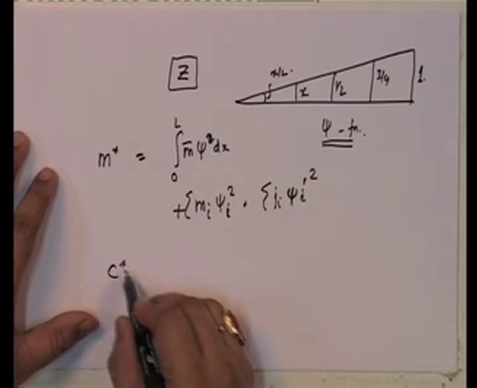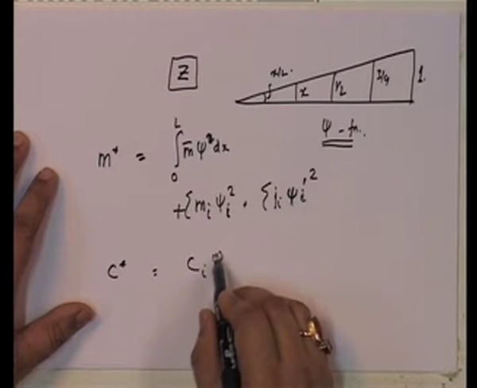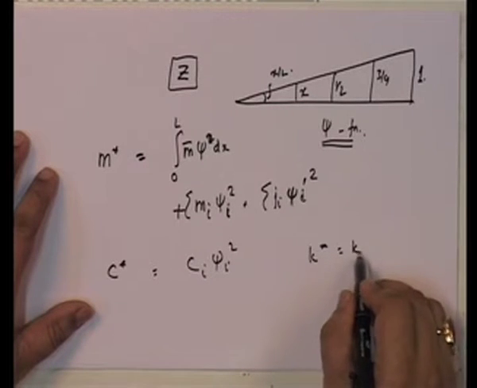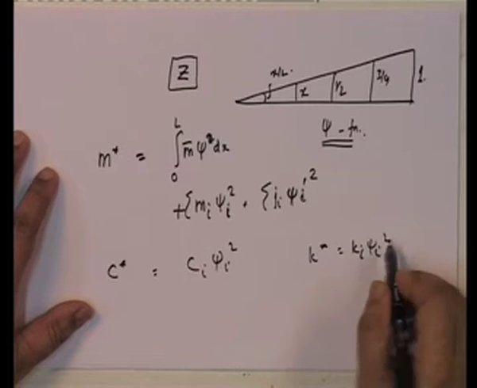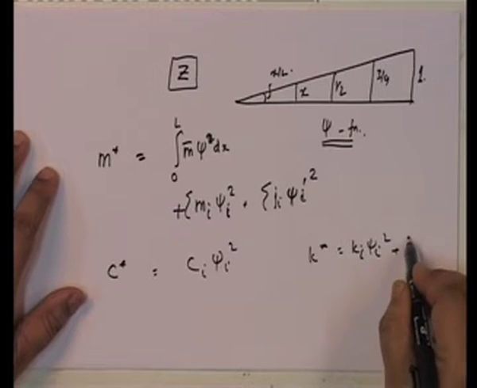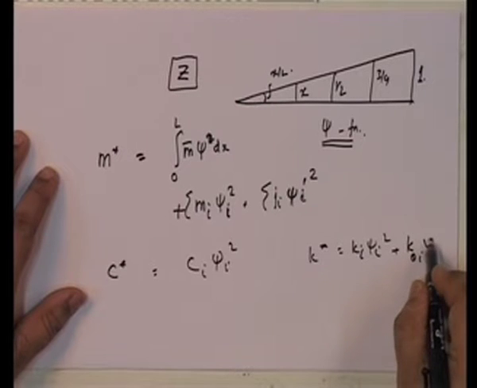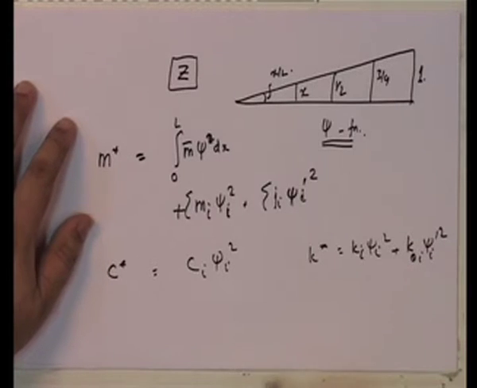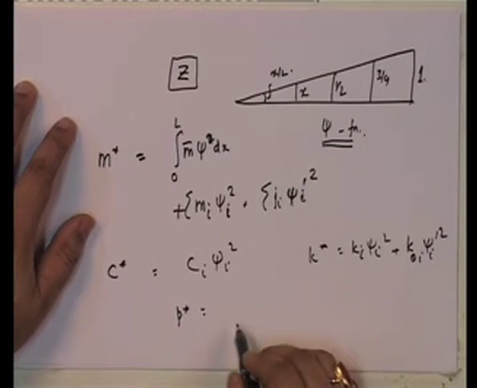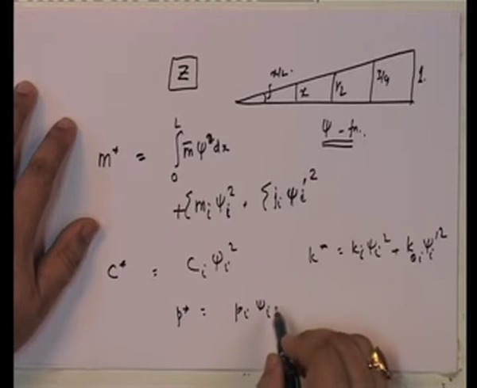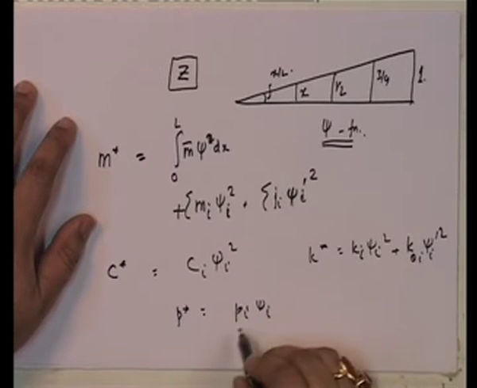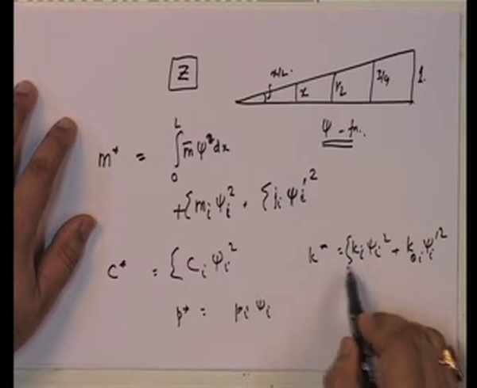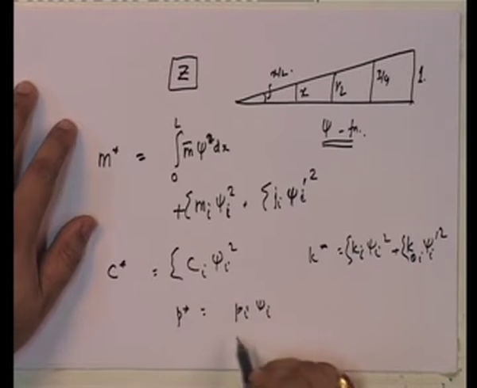Okay. Similarly, c star is going to be equal to c I into xi I squared, k star is going to be equal to k I into xi I squared. If I have a rotational spring theta, this is going to be equal to xi prime I squared, the slope, and p star is equal to p I into xi I. If there is a specific load multiplied by this, these are all summations, summed up over all the things.